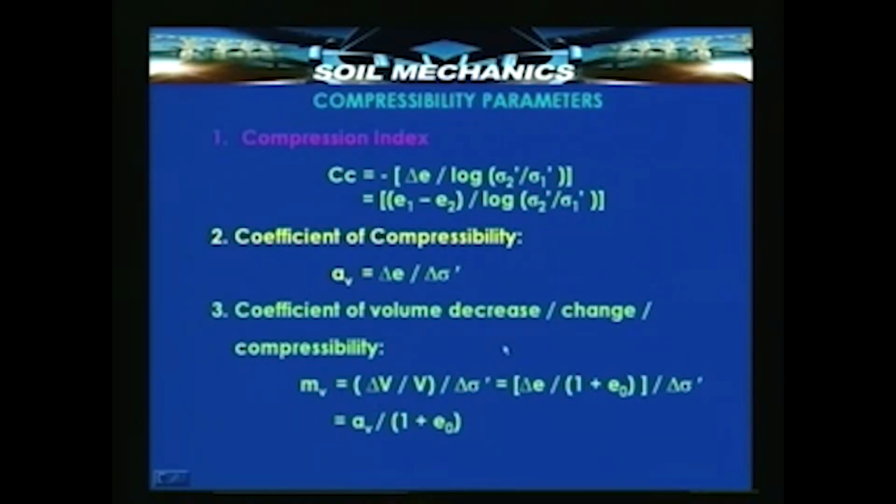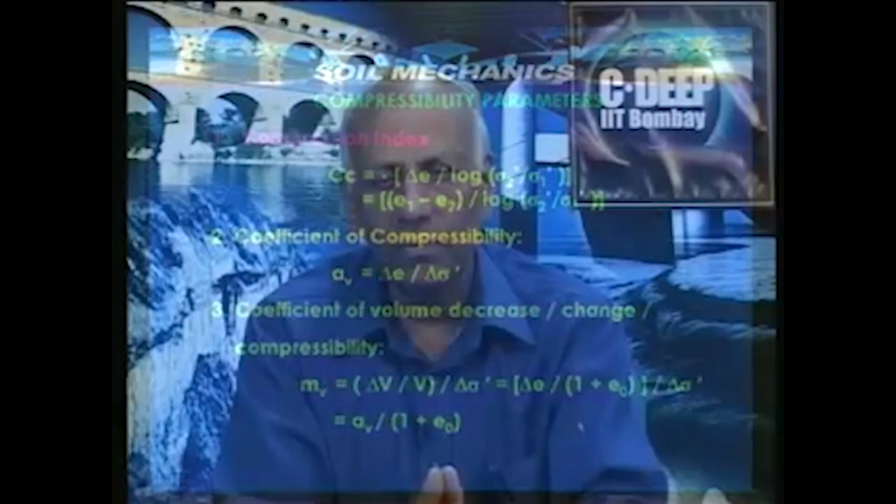So, we have two parameters, delta e by delta sigma dash and av by 1 plus e0, and these two are based on an e-log p curve, which is the natural relationship and not an idealized logarithmic linear relationship. And these two are what are found to be useful for determining the rate of change of settlement or rate of change of compression in the soil under the application of load.